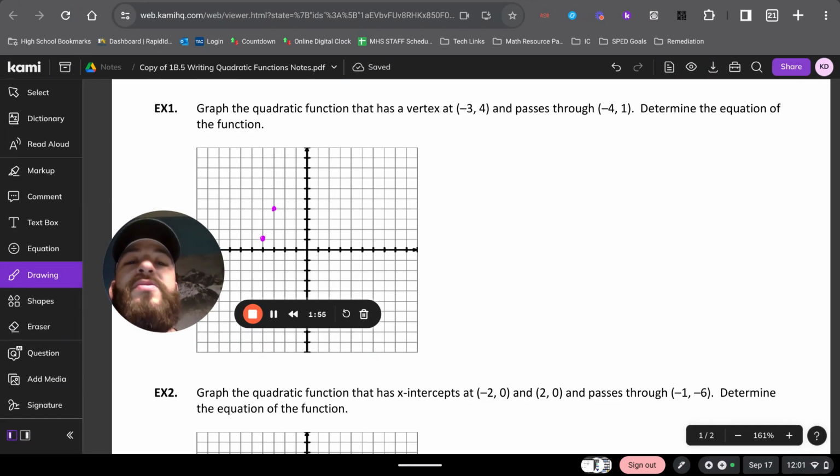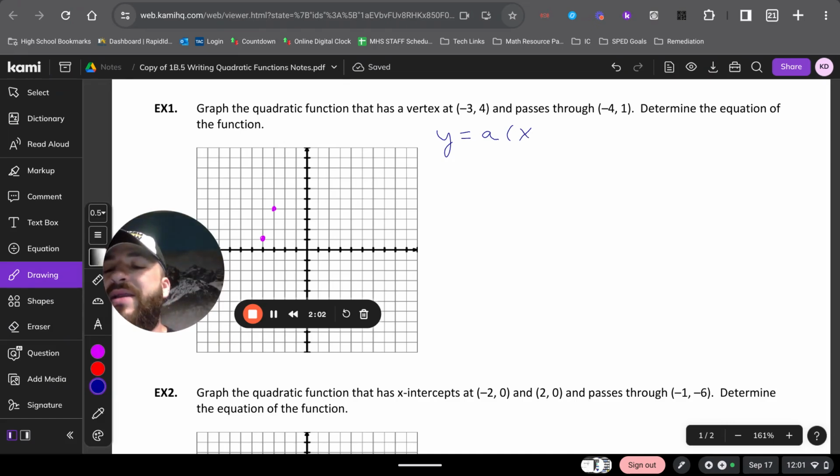So y is equal to a, which I still don't know, x, and then not minus, but plus 3, because it is always opposite, squared, and then plus 4.